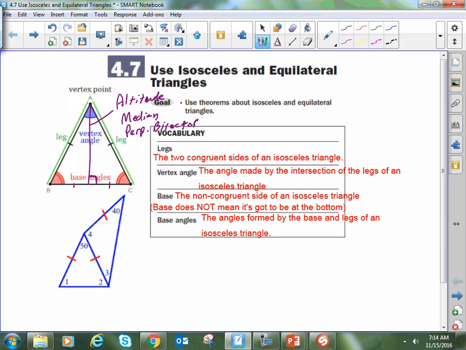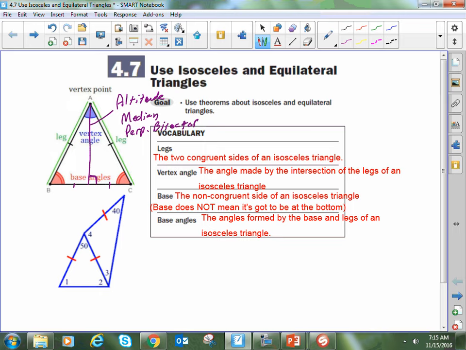The only reason that I bring these up is because these are going to be things that we'll be discussing in future lessons, those particular words. In an isosceles triangle, if I draw the altitude from the vertex, it also happens to be a median and a perpendicular bisector at the same time because it fits the definition of all of those.